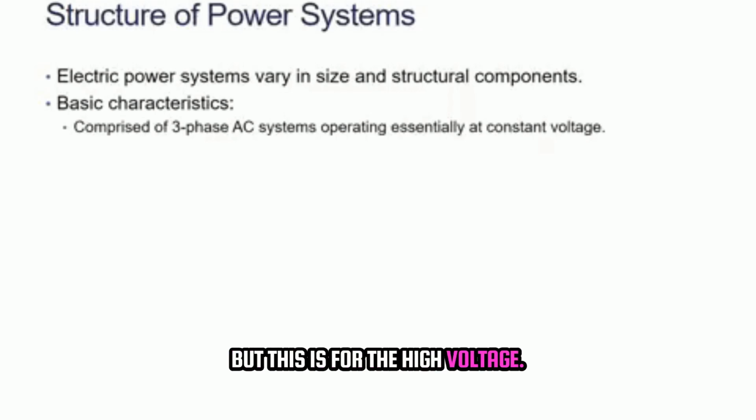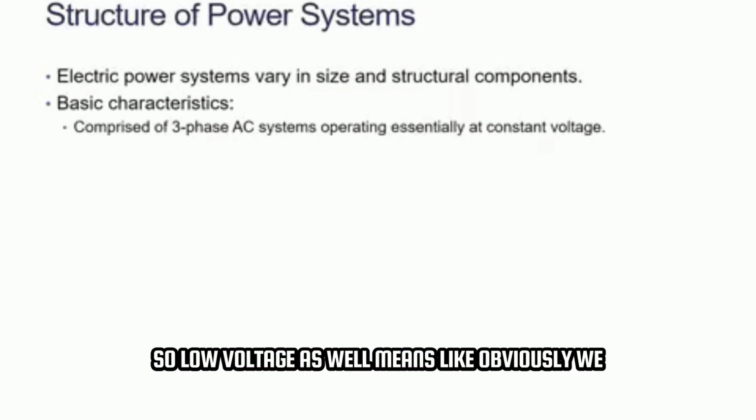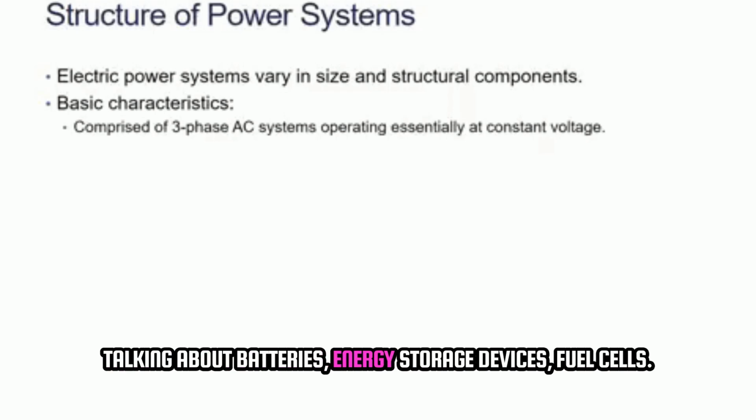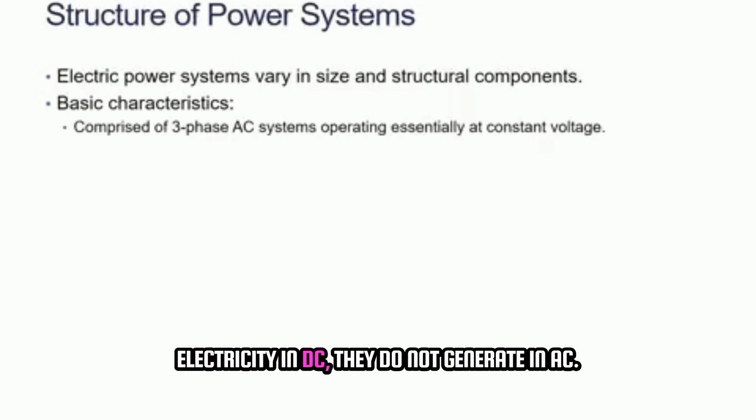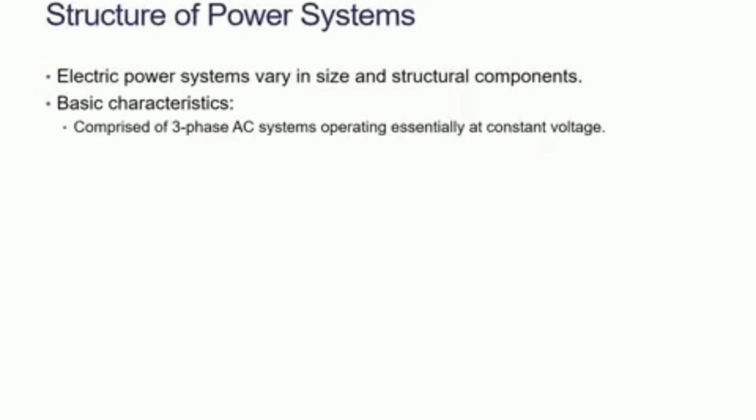But this is for high voltage. Now people are talking about DC systems in low voltage as well. These days we are talking about solar, electric vehicles, batteries, energy storage devices, fuel cells. These energy sources generate electricity in DC, not in AC.